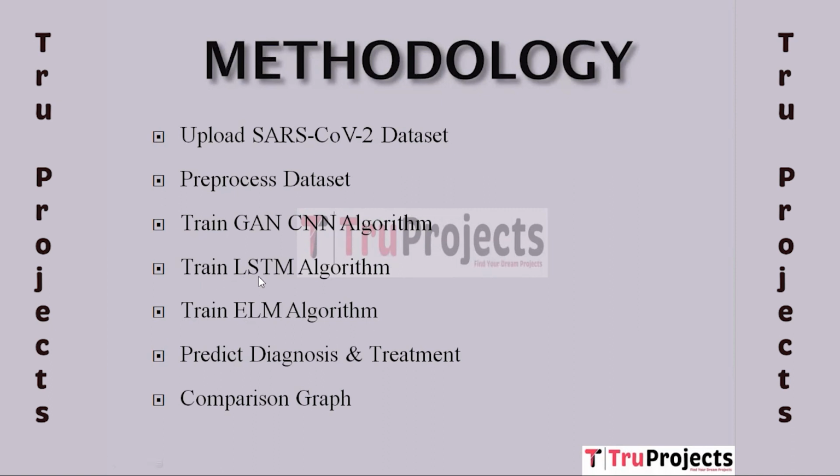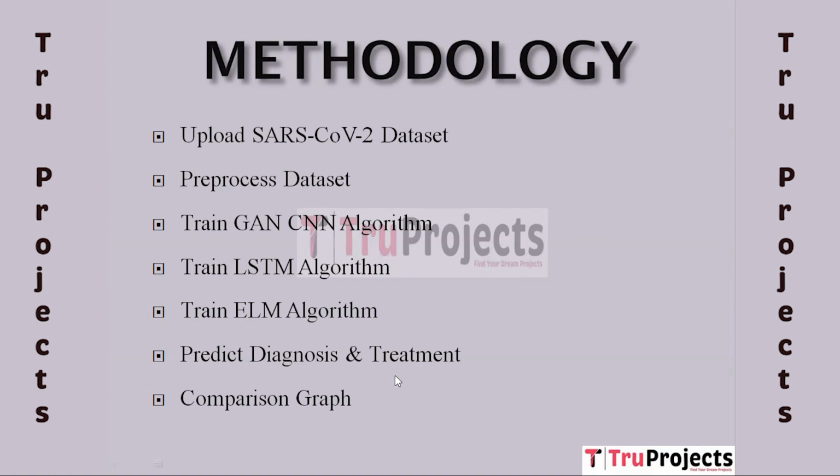The next module is train LSTM algorithm. The preprocessed data will be input to LSTM algorithm to train LSTM model and calculate prediction accuracy. The next module is train ELM algorithm. The preprocessed data will be input to ELM algorithm to train ELM model and evaluate accuracy. The next module is predict diagnosis and treatment.